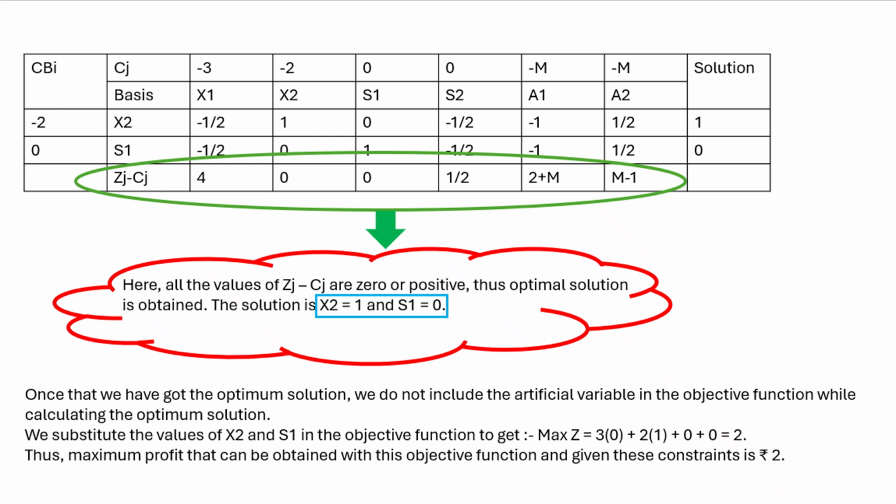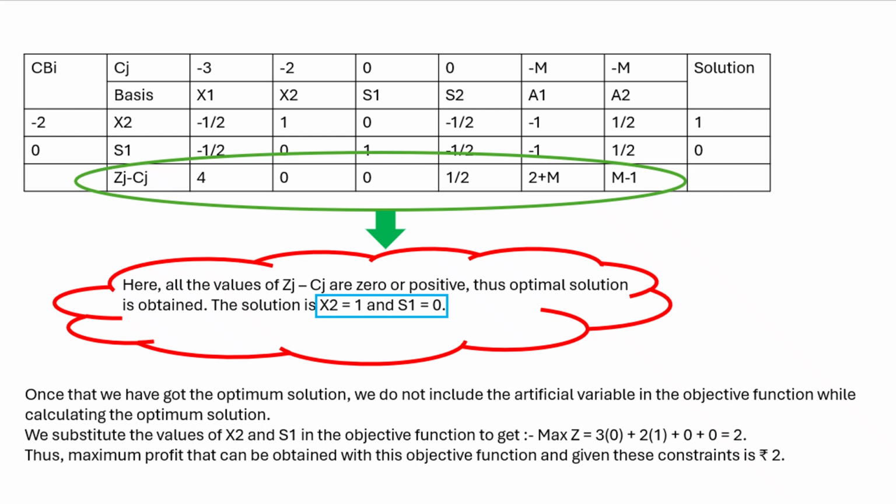So the values which correspond to x2 and s1 in this column of solution are the required values. Here x2 equals 1, s1 equals 0, and once we have got the optimum solution, we do not include the artificial variable in the objective function while calculating the optimum solution, as we have discussed in the previous slides.